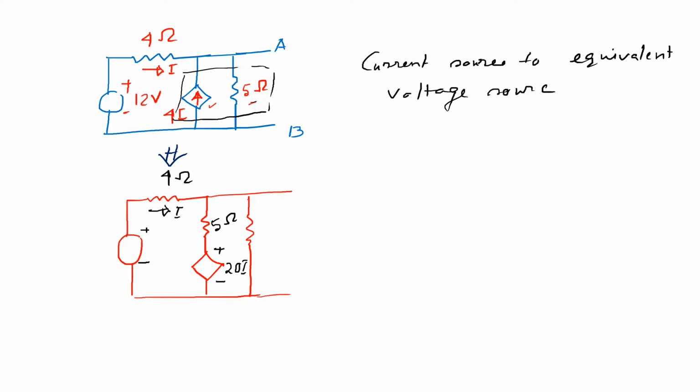So in this problem, what is given is a current dependent current source. Now for the circuit solution we converted this to an equivalent voltage source. Now it is a current dependent voltage source.